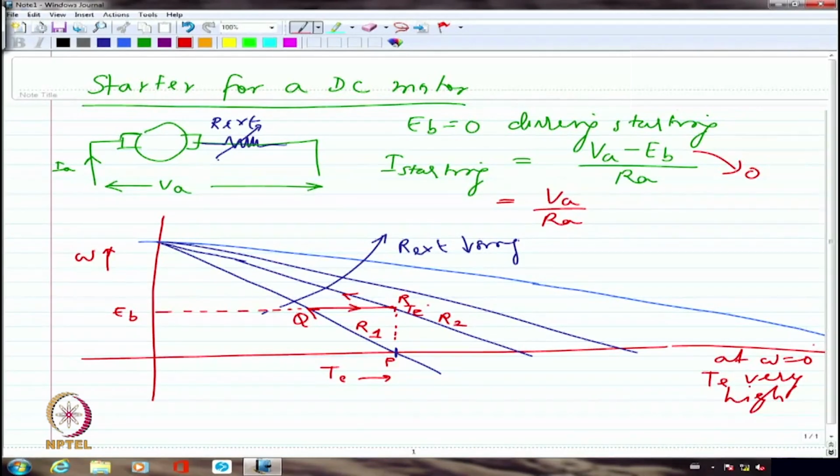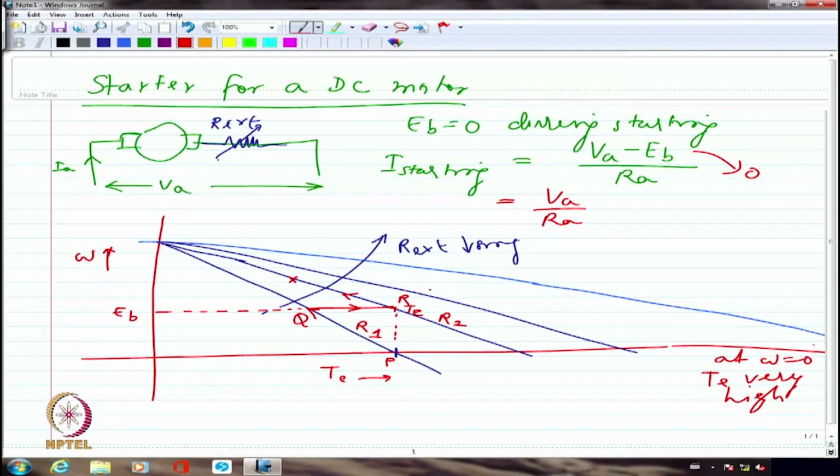If the electromagnetic torque developed happens to be higher than the load torque, still there will be acceleration. So it is going to accelerate, and maybe it will reach some point here. It depends upon at what point I am trying to switch from the original value of resistance to the new value of resistance, or I cut off the resistance.